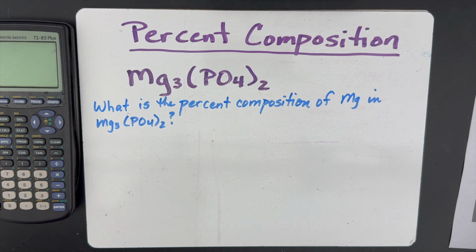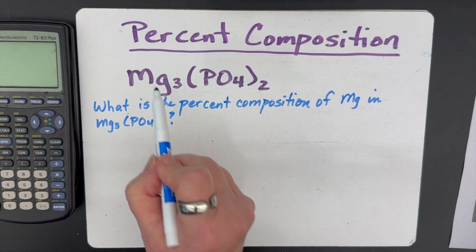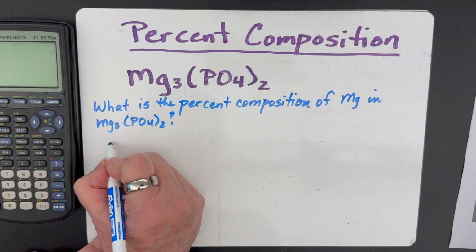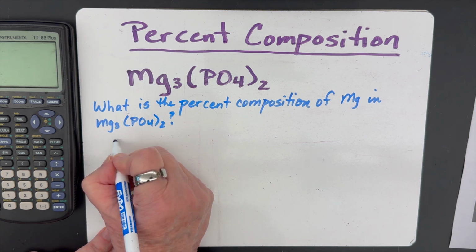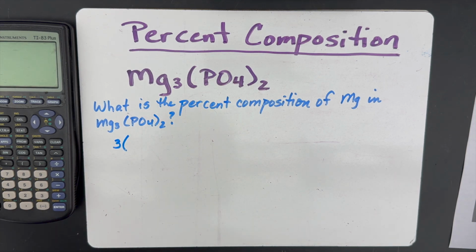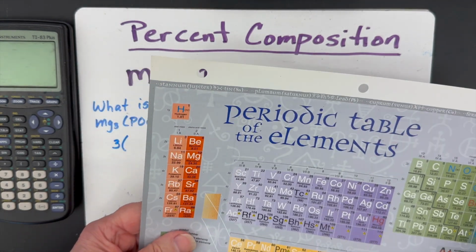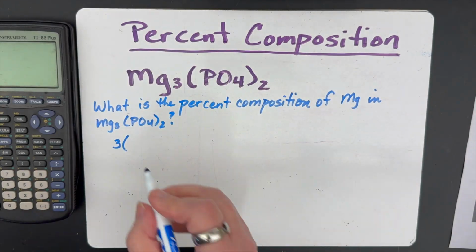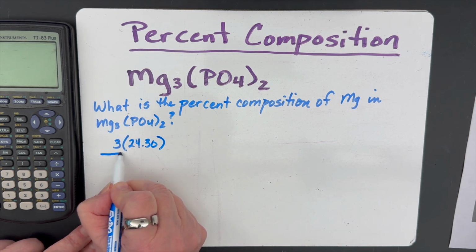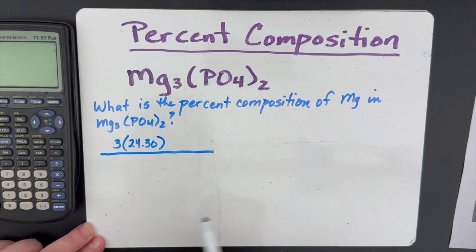So we're going to need the total mass, and we're going to need the mass of magnesium. On top, we want the mass of the thing we're trying to find, which is magnesium. So we have 3 magnesium atoms, and magnesium is 24.30 grams per mole. On the bottom, we need the total mass.